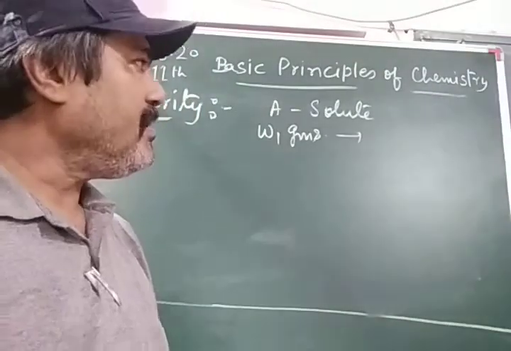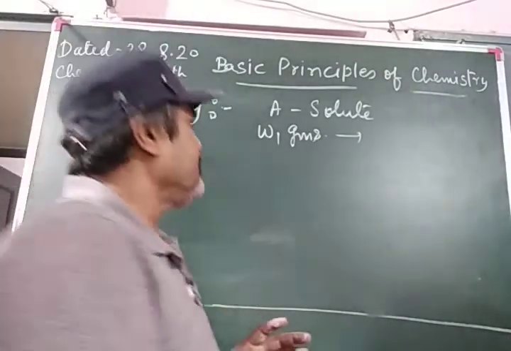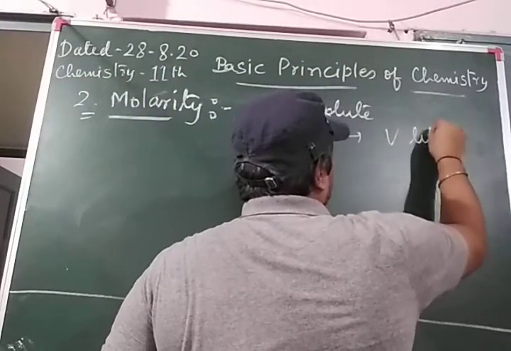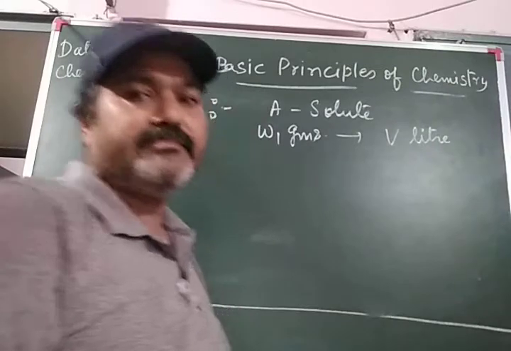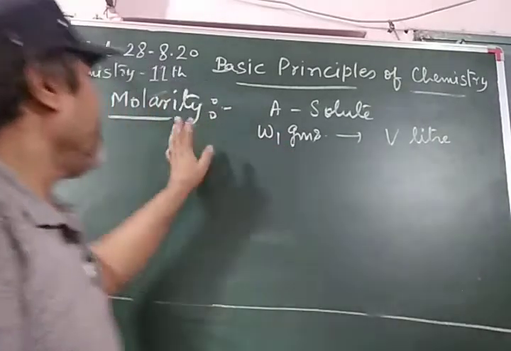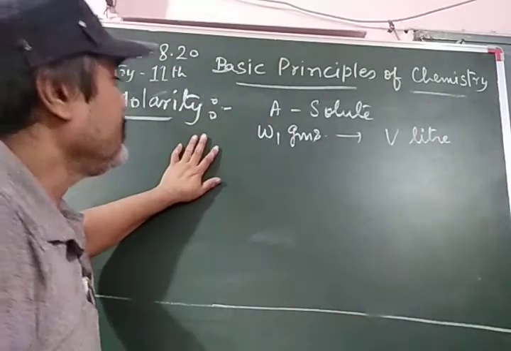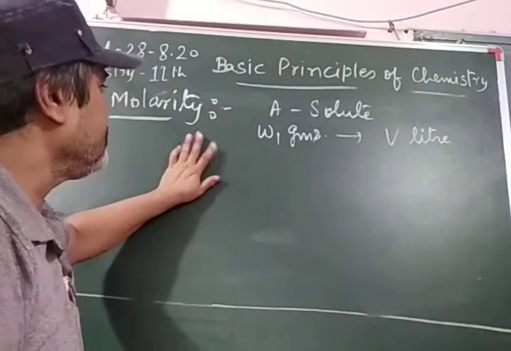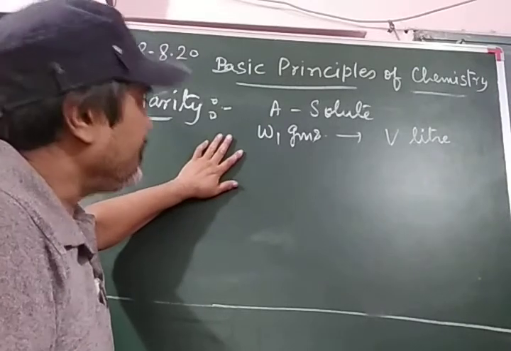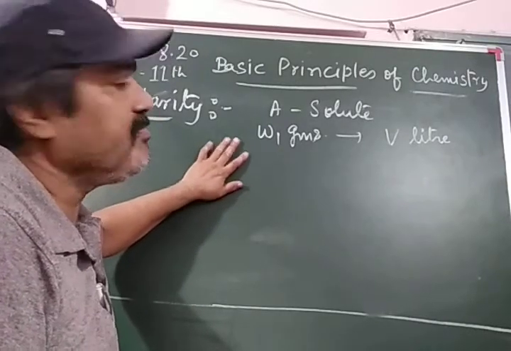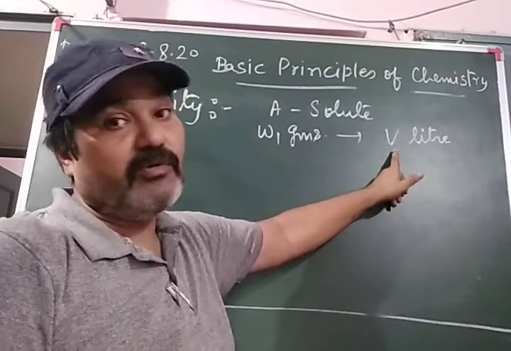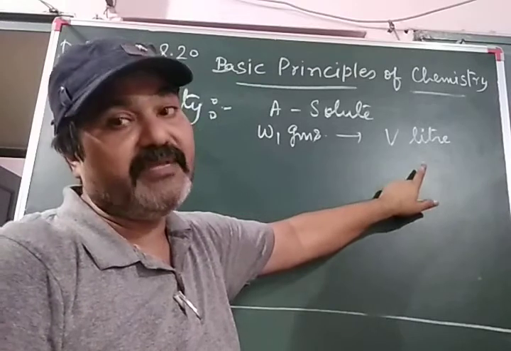And suppose it is dissolved in V liter of the solution. So first of all, we will have to find out the number of moles of this solute, because the definition says the number of moles of solute dissolved in per liter of the solution. Here the volume of the solution is taken V liter.